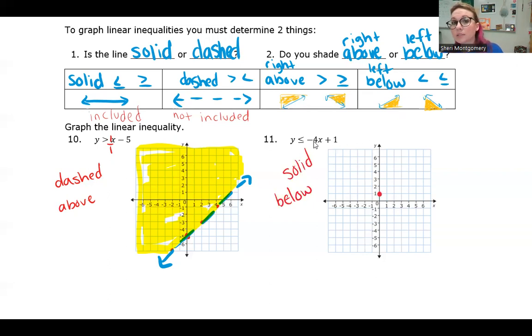For this one, ooh, my slope is negative. So I know that reading from left to right, my slope needs to go down. For this one, the slope is -4, and if you need to, you can put over 1. So from here, I'm going to go down 4 and then over 1.